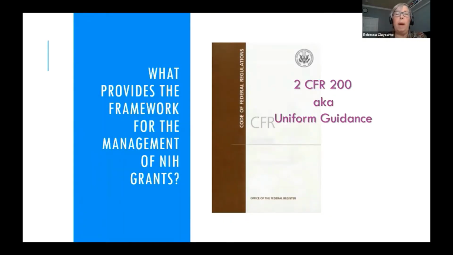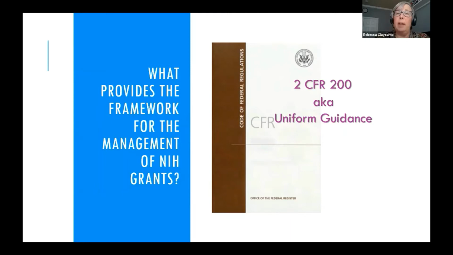We talked about what provides the framework for the management of NIH grants. It is 2 CFR, Code of Federal Regulations, Part 200, also known as Uniform Guidance. And Uniform Guidance was implemented by various agencies.